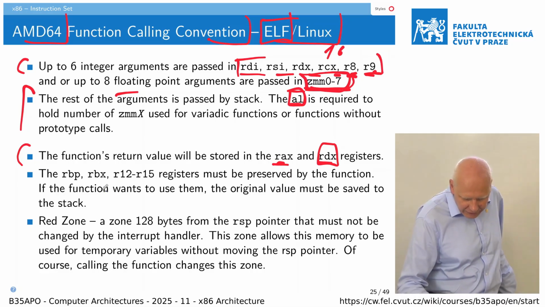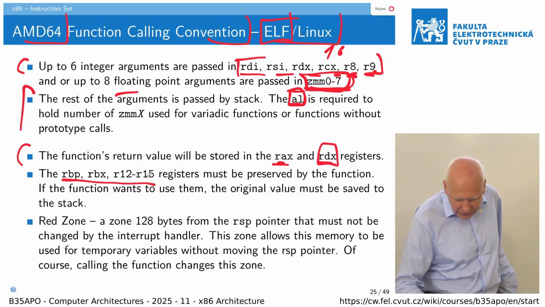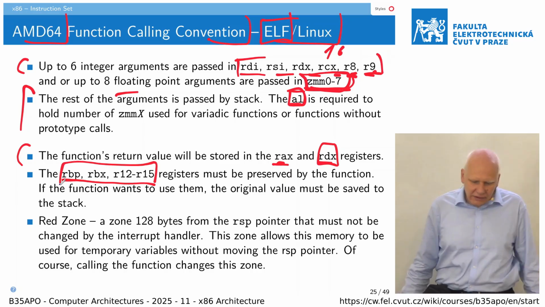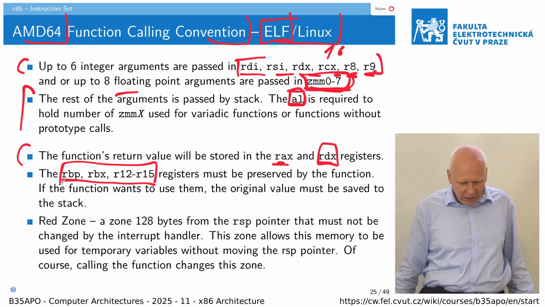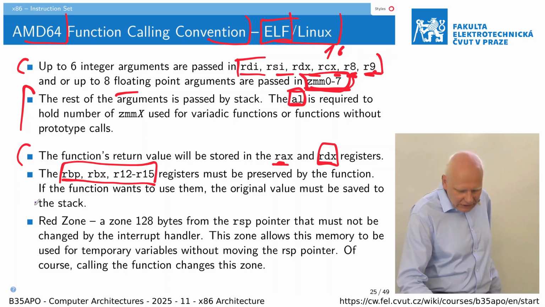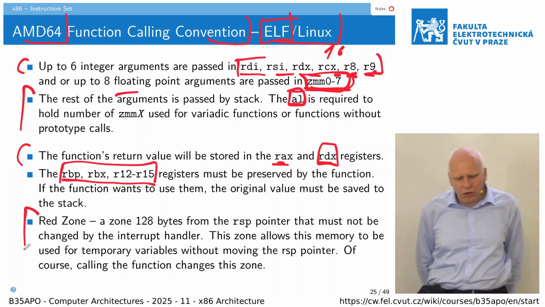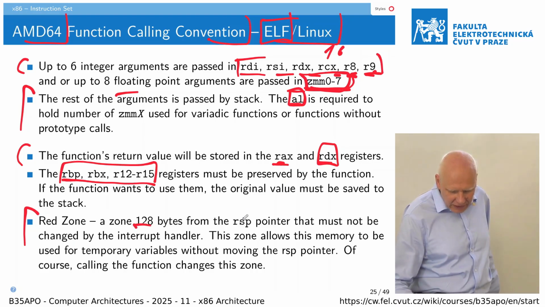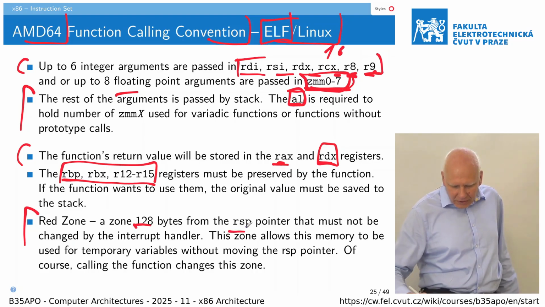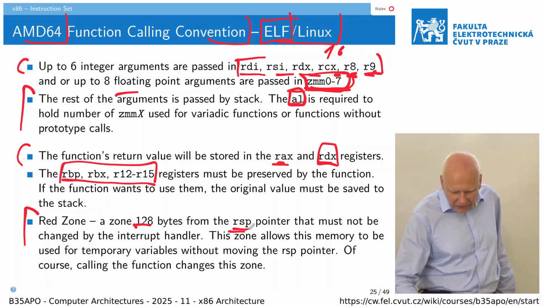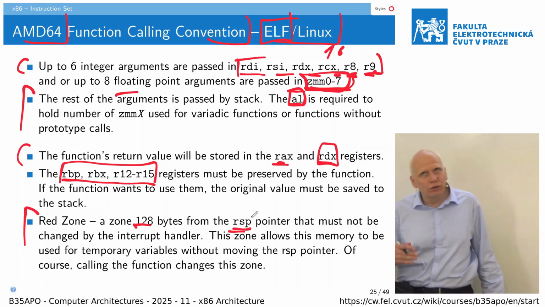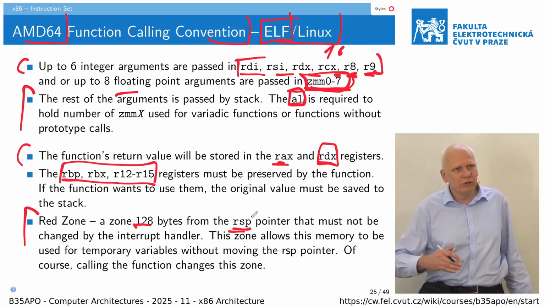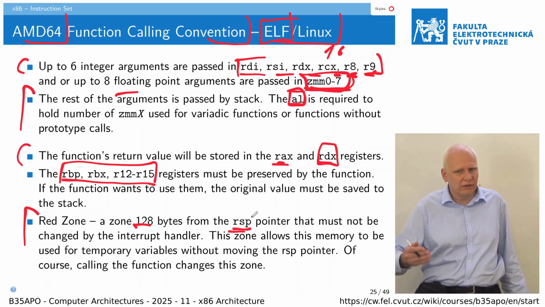There is a specification that some registers have to be preserved, so those are non-clobberable, and the rest of the registers can be changed freely. And what is interesting, there is a so-called red zone, which is 128 bytes below the stack pointer, an area which usually is considered as non-preserved, and which can be used for signal handlers and so on.